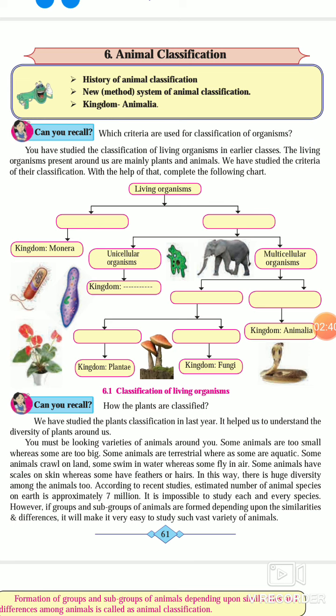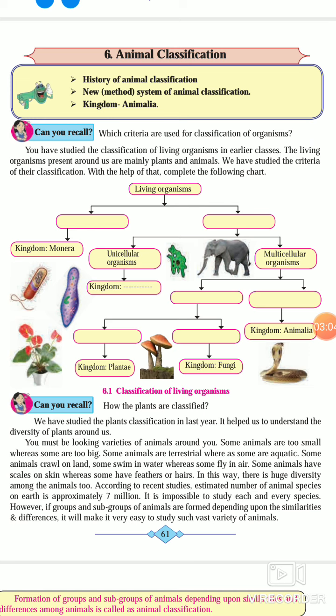In prokaryotes, kingdom Monera is there. Only one kingdom is there where the nucleus is absent. In prokaryotes, the nucleus is absent, but a nucleus-like structure is there. DNA is present, but the true nucleus, the well-formed nucleus, is absent in prokaryotes.